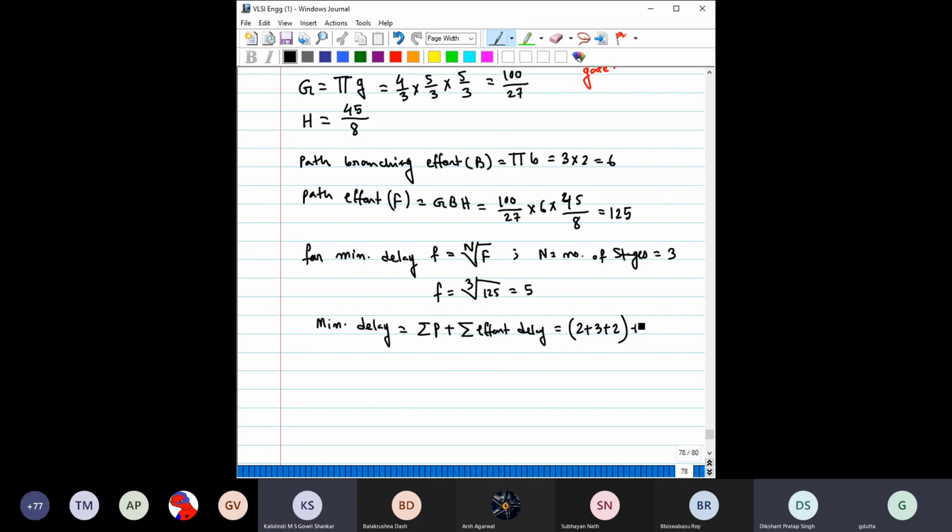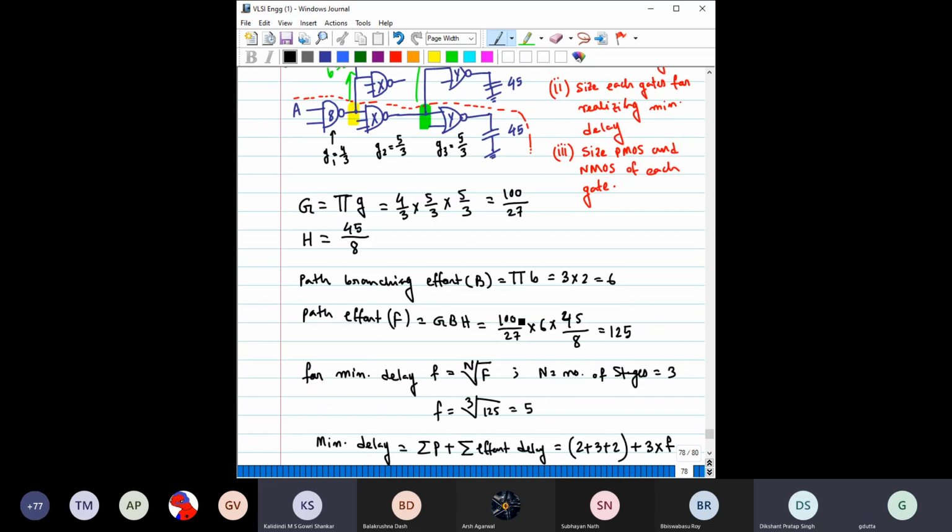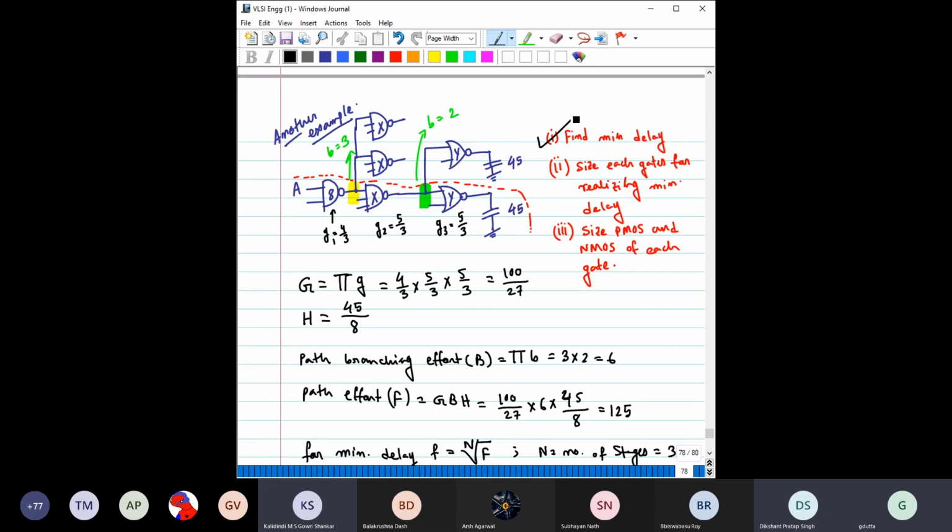Plus effort delay. Effort delay is 3 into the value of F, which is 5. So 2 plus 3 plus 2 is 7, plus 3 into 5, so I think 22, right? So this is the minimum delay, right? So the first question is solved.